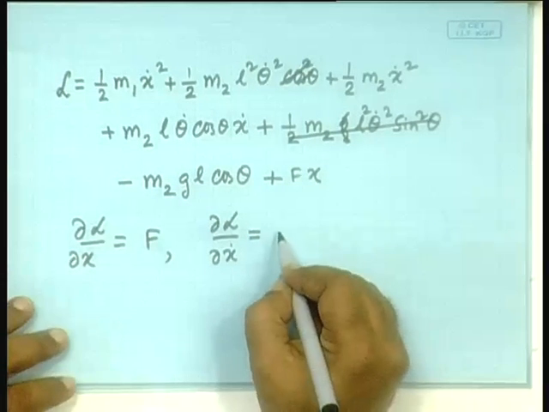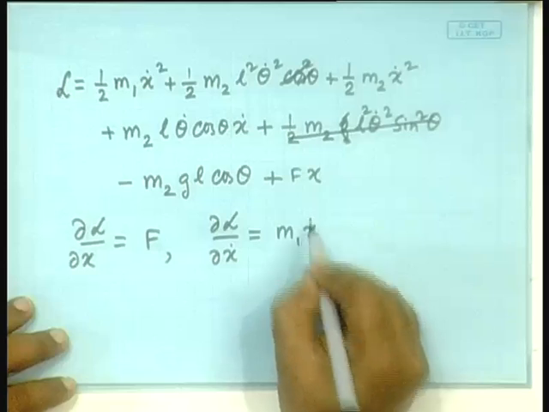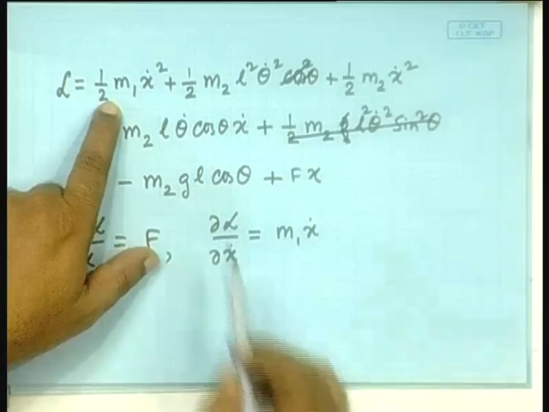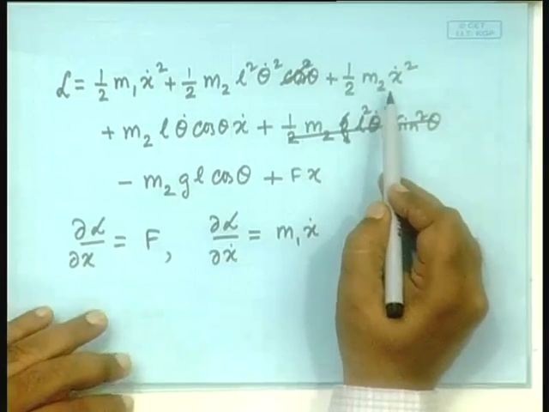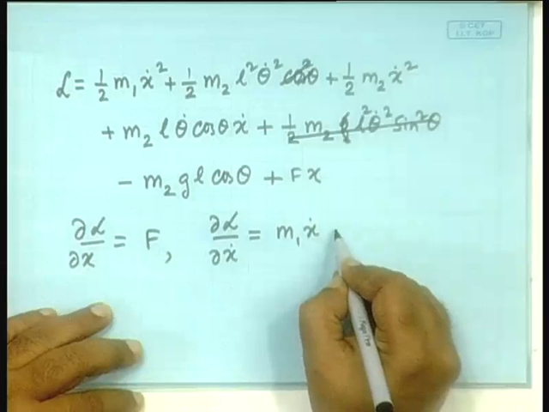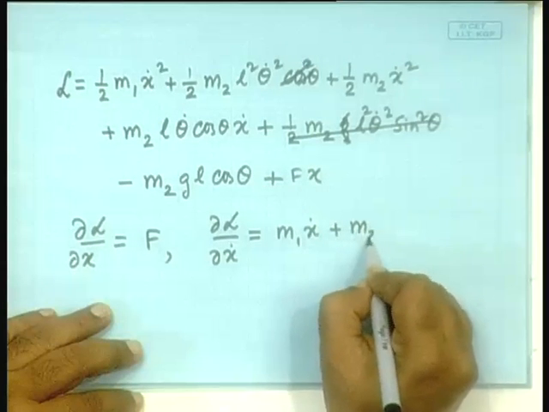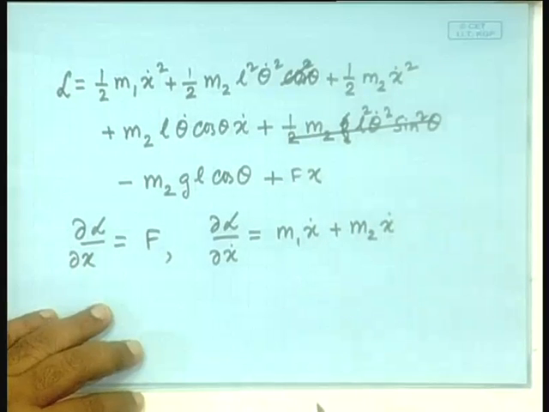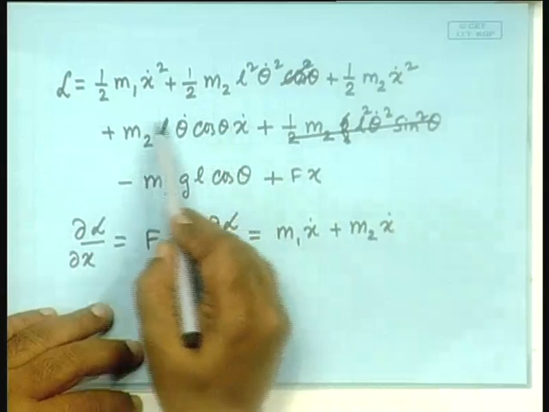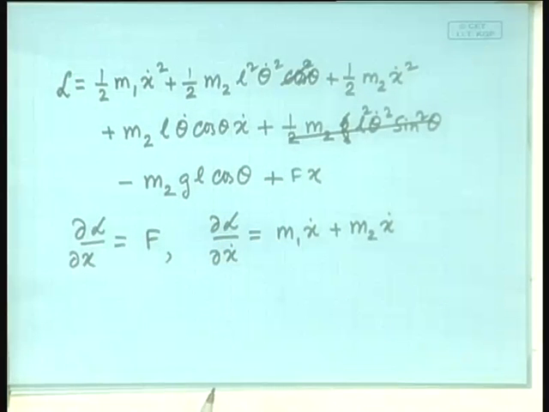Now, we have m1 x dot from here, this goes off here, this remains. So, plus m2 x dot, right. This one remains, but this is complicated stuff, differentiate it properly.